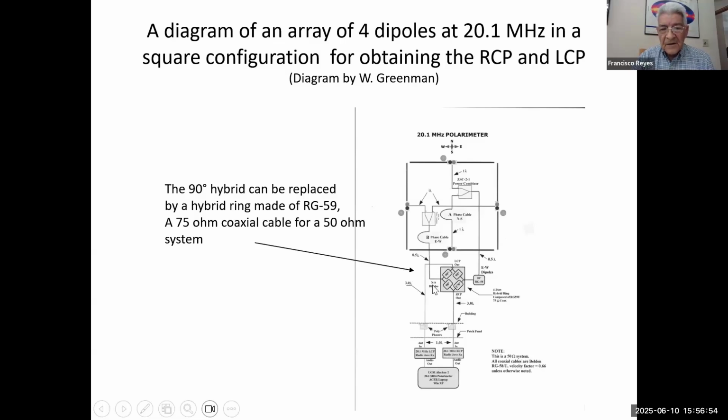Here you can see the coaxial cable, and there is another addition here, and then you can separate the right and left emission also. I'm using a hybrid ring made of coaxial cable, RG59, and for combining the power I'm not using a wideband power combiner. I'm actually using a hybrid ring to combine these signals.